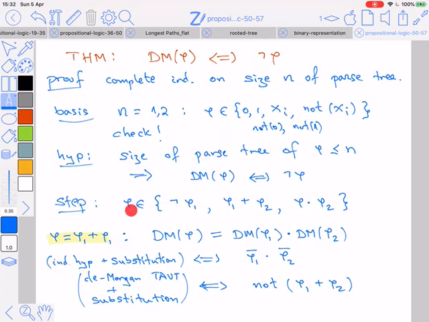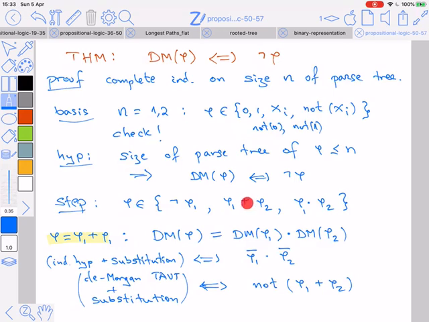So phi is one of 3 types of formulas. It's either a negation of a subformula phi 1, the or of 2 subformulas phi 1 and phi 2, or the and of 2 subformulas phi 1 and phi 2. There's a missing one here. Let me add it. Good.